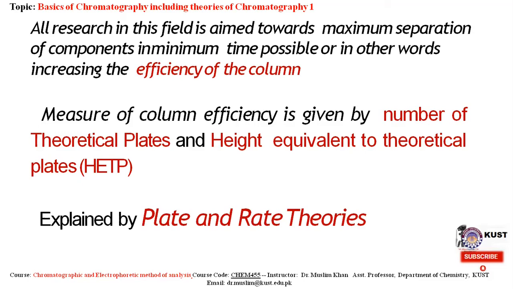So the measure of column efficiency is given by the number of theoretical plates and the height equivalent to a theoretical plate, HETP. This is explained by plate and rate theory.